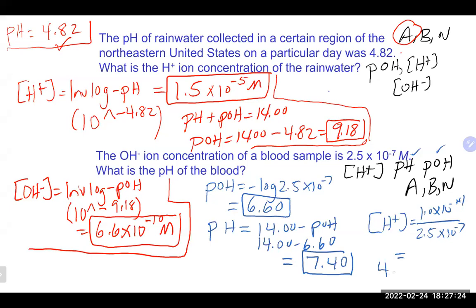There might be more digits, so I'm just going to call it 4.0 times 10 to the minus 8 molar. And again, you should get that same answer if you did the inverse log of the minus 7.4. You should pretty much get the exact same answer if you did it that way.